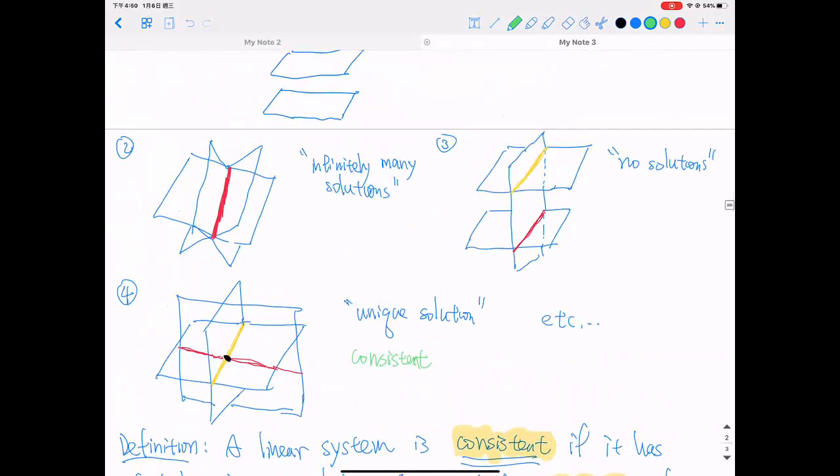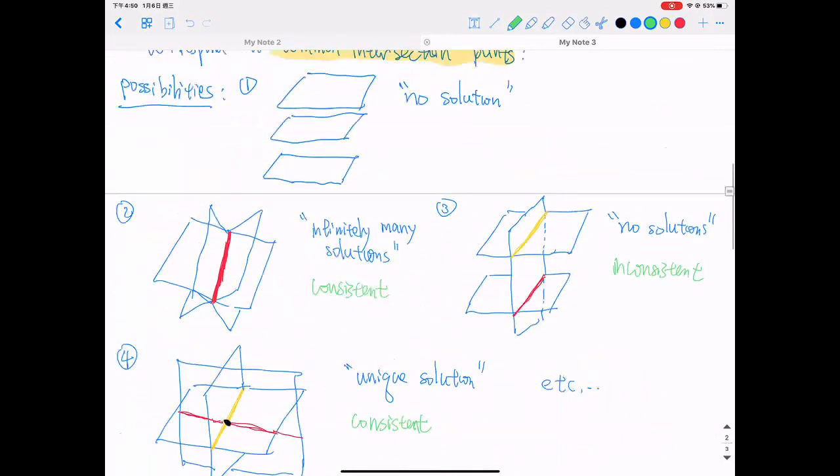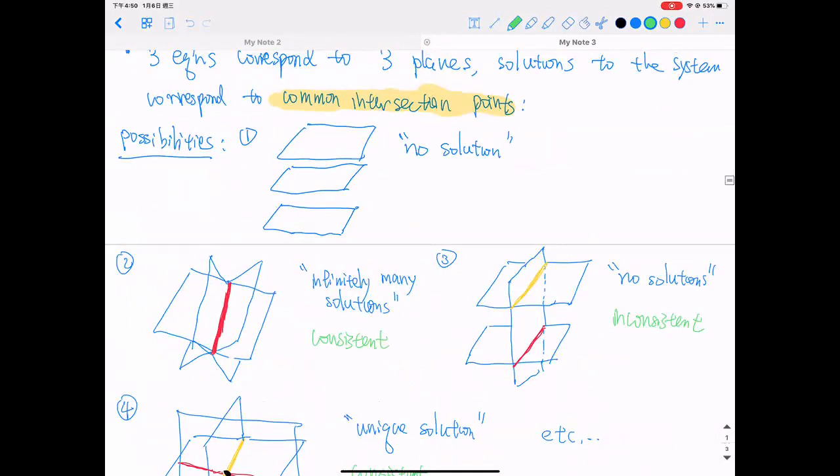And in this situation it's inconsistent. Over here, you have three planes intersecting along a line. It's got infinitely many solutions, so it's consistent. And finally, when you have three parallel planes, there is no solution, so it's inconsistent.